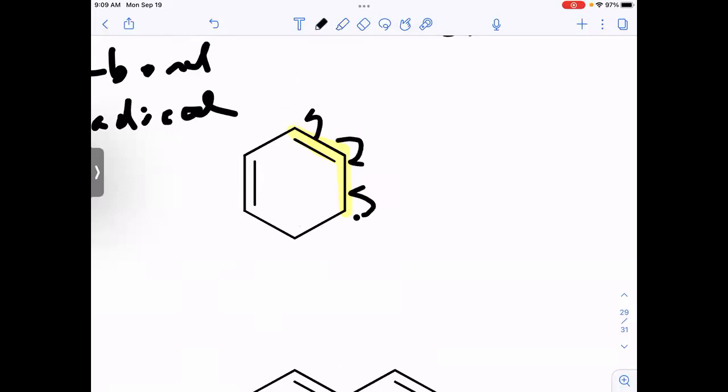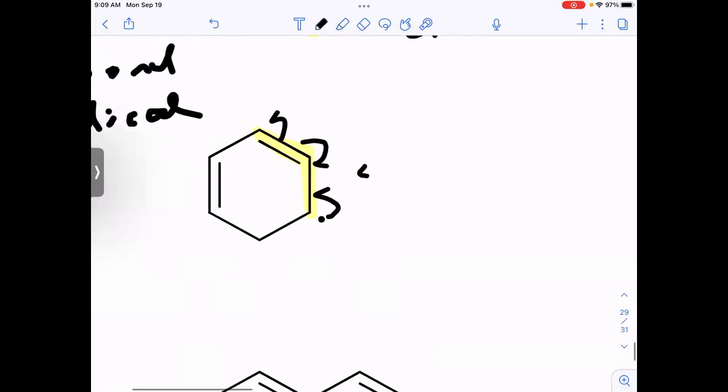Thank you. So is this the same? It's not going to change. No, it's the same. The flow of electrons, if it's an allylic radical, will always be the same. It will not change. So I'm going to put that there and put this double bond here. Can we do it again? Do you see that same system again? Yes.